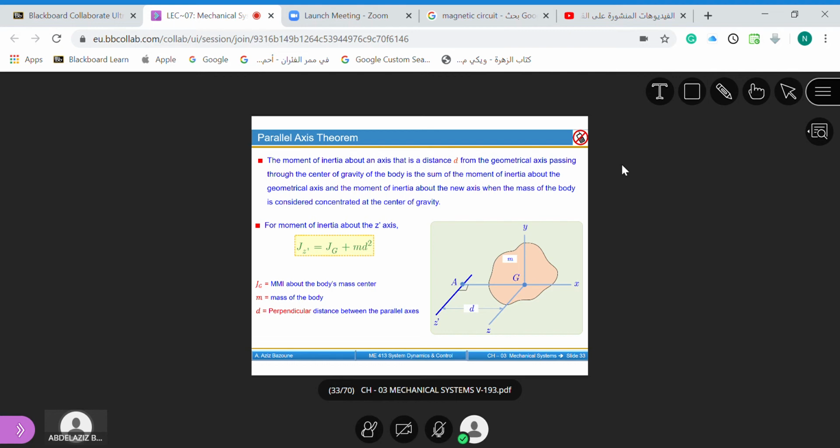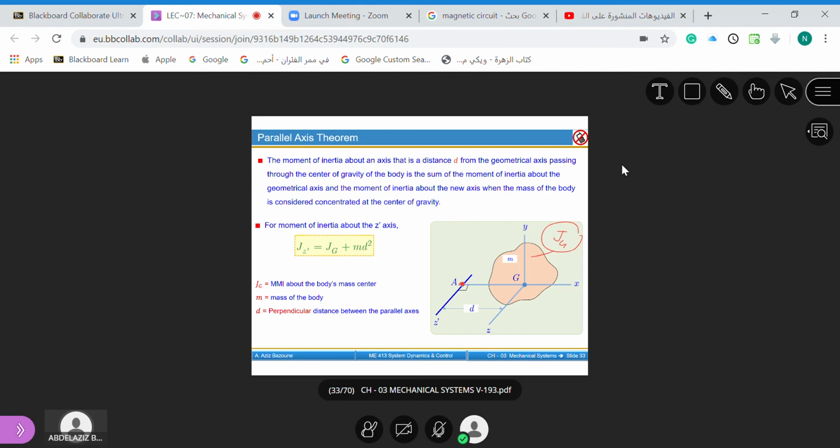If, for example, the mass moment of inertia of this body is Jg, about the z-axis, and it is given, known. And we would like to know the mass moment of inertia of the same body about point A that is located here, along z prime.